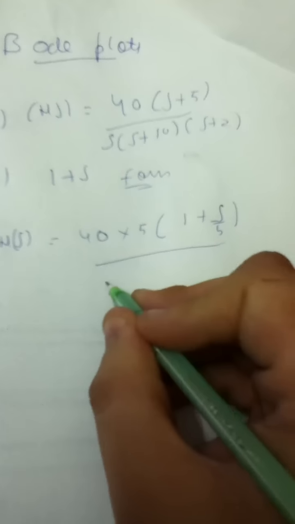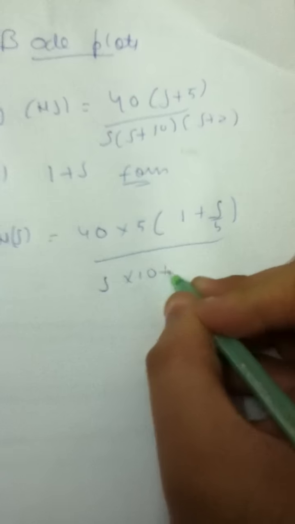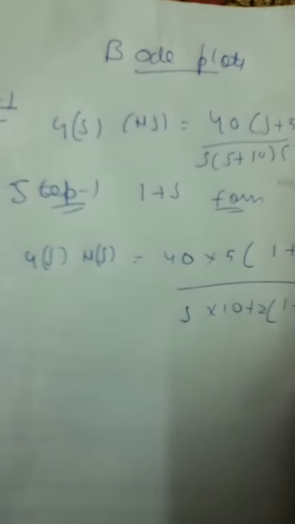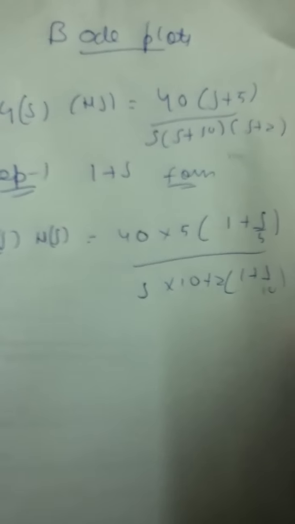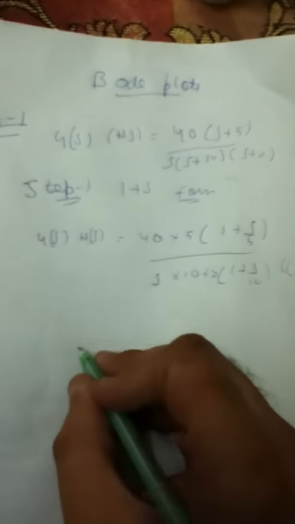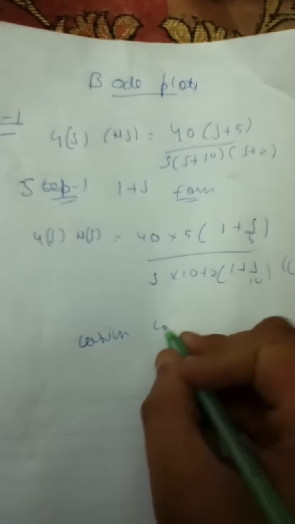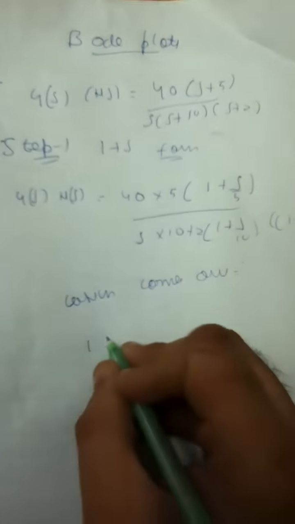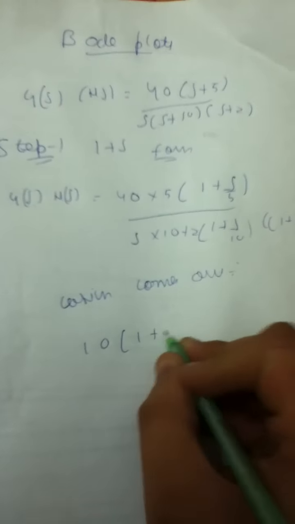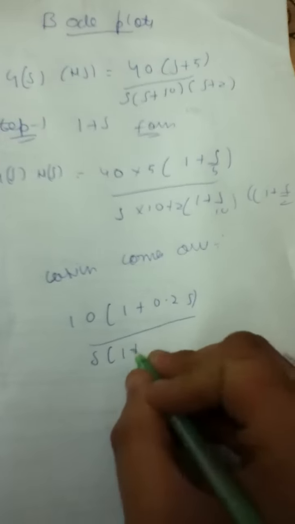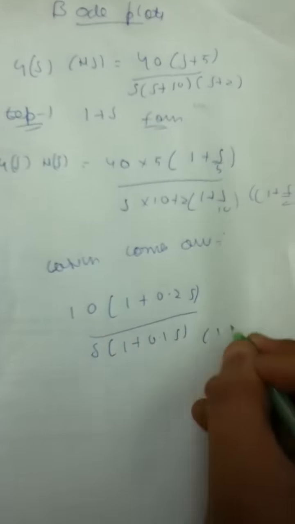In a similar way, take 10 common and 2 common, 1 plus s by 10 and 1 plus s by 2, which comes out to be 10 times (1 plus 0.2s) by s times (1 plus 0.1s) times (1 plus 0.5s).